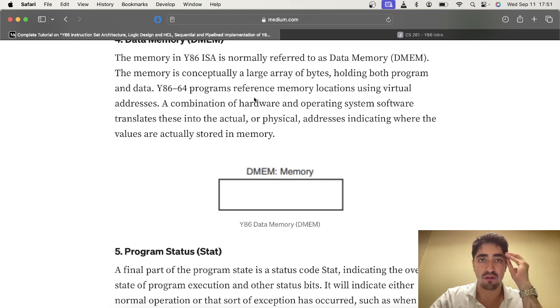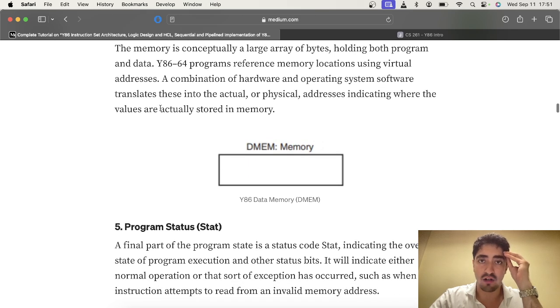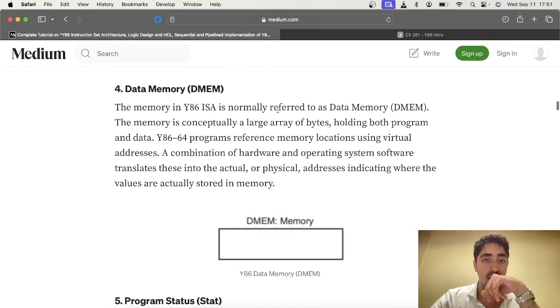Y86-64 programs reference memory locations using virtual addresses. A combination of hardware and operating system software translates these into the actual or physical addresses, indicating where the values are actually stored.